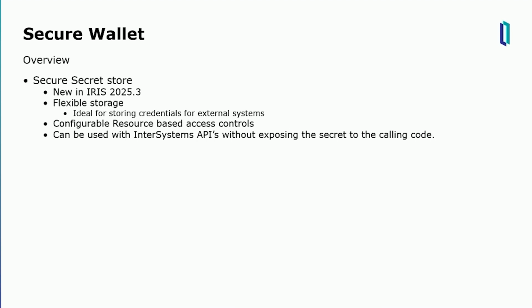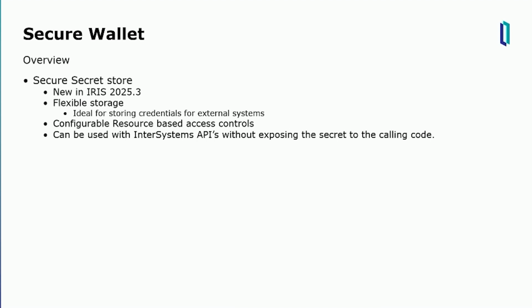And then we have this feature for if you're going to use the credentials with InterSystems APIs, say net.http request, in order to make a REST call to something, you can configure it so that that secret cannot be exposed to your code. So you'll essentially just associate that secret to your HTTP request. And then our code will look up the password, attach it to the request, and send it to the third-party service.